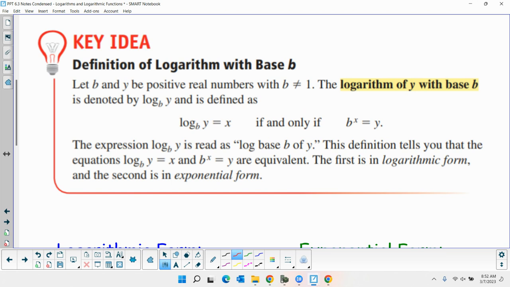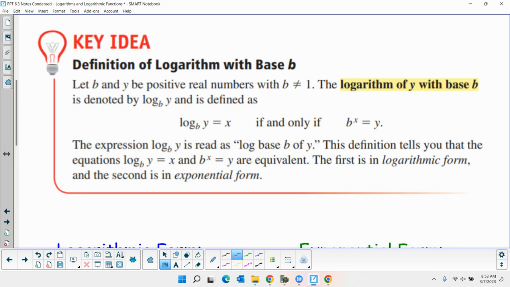Log base b of y equals x if and only if b, the base, to the x power equals the number y. So those two equations are equivalent. The one on the left is in logarithmic form, and the one on the right is exponential form.